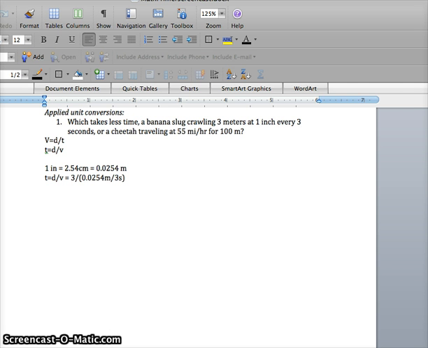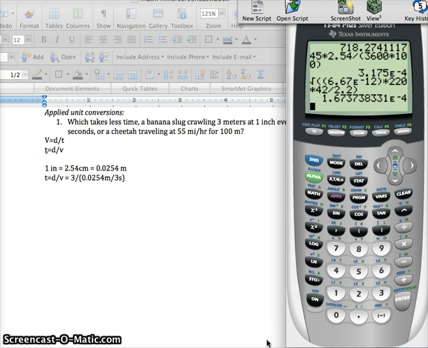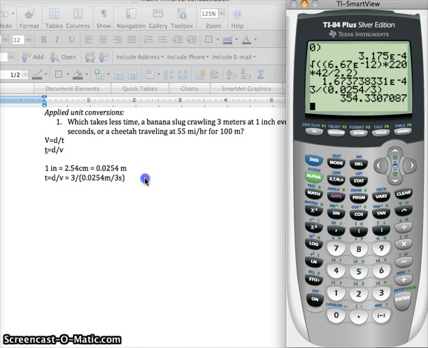We can call up our calculator: 3 divided by, open parentheses, 0.0254 over 3, close parentheses, enter, and that gives us 354 seconds.